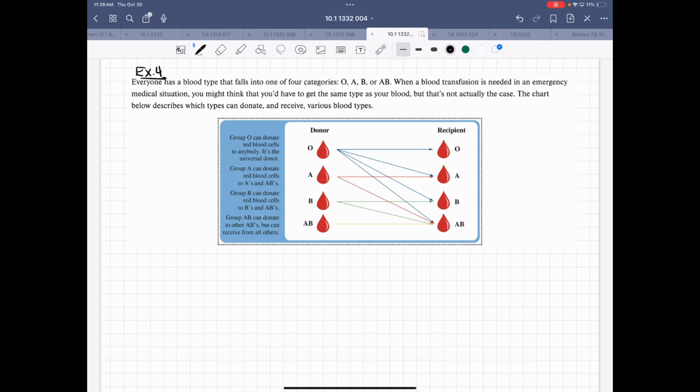So AB, honestly, is the luckiest one of all because he can get anybody's blood. B can get 2 kinds, A can get 2 kinds, and poor little O can only get O, right? So if you're O, let's hope you know you're O, and you wear something so that somebody knows you're O if you're unconscious in an accident and can't tell the people, oh, I'm O.